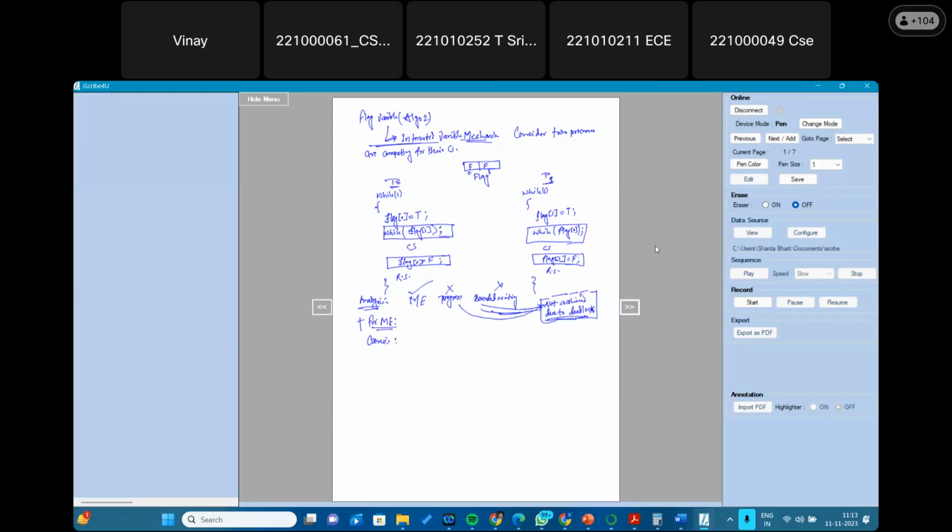Now in case 1, write the statements 1, 2, 3, 4, 5, 6. Consider P0 wants to execute its critical section.